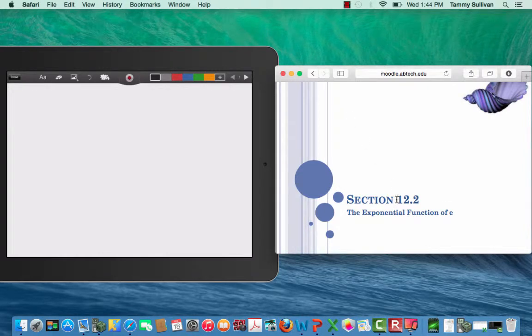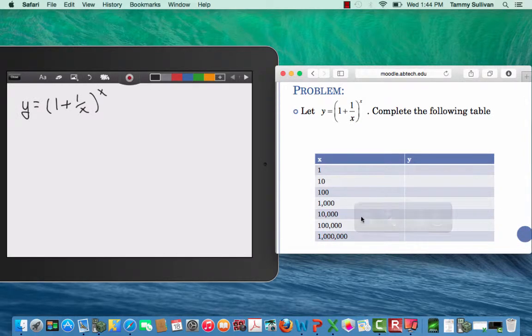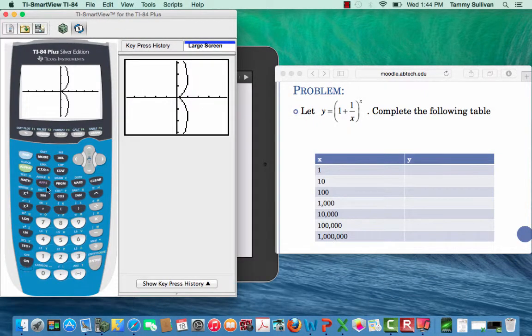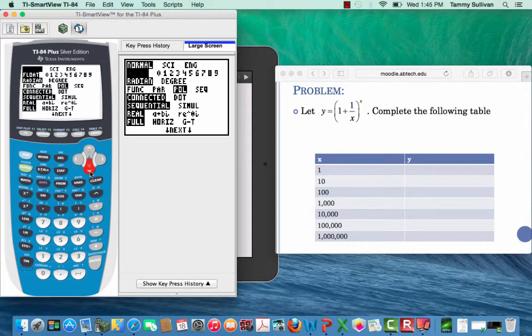I'm going to go through section 12.2 today from your textbook. So we're going to substitute in these values for x and see what the outputs are. So I'm going to pull up the graphing calculator. In the graphing calculator, I'm going to change my mode back to function.